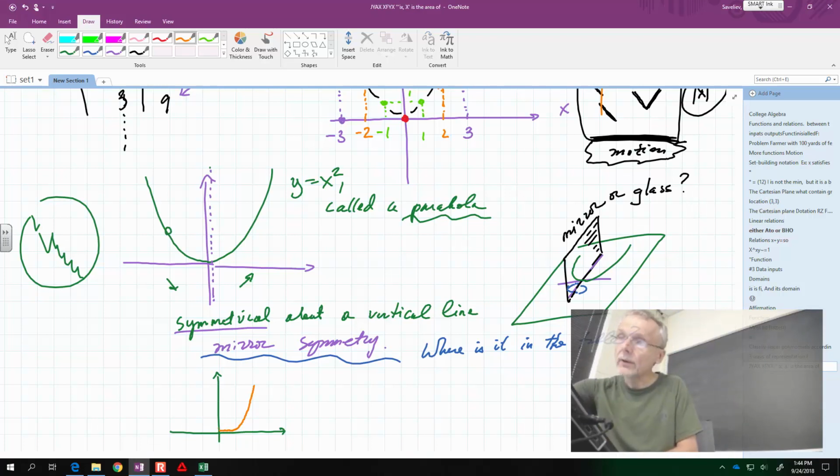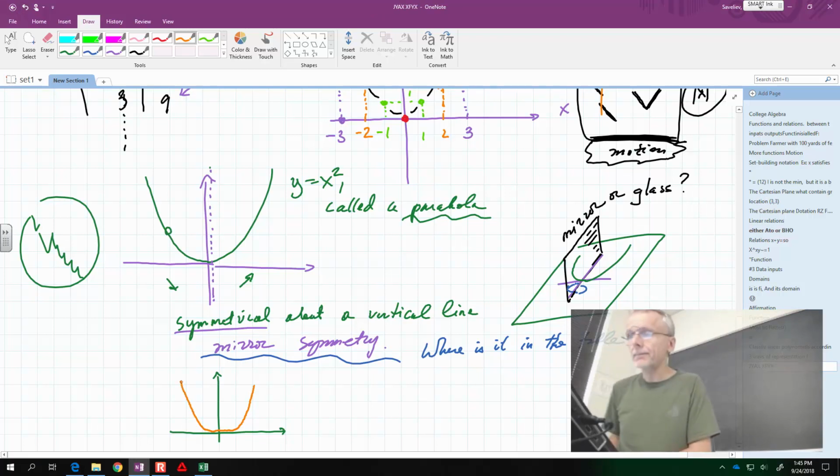You see the difference? It is flat at the bottom. Well, I lost symmetry, unfortunately. So the description that we have had fully applies to this function over here, but it's not a parabola technically.